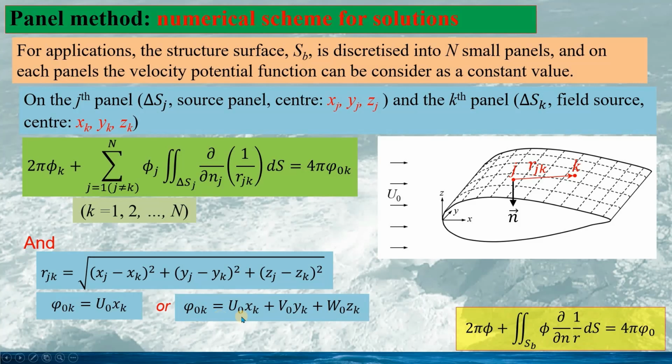And in a more general expression for the uniform flow, its potential would be given as this, where u0, v0, and w0 are the velocity components of the uniform flow in the x, y, and z directions.